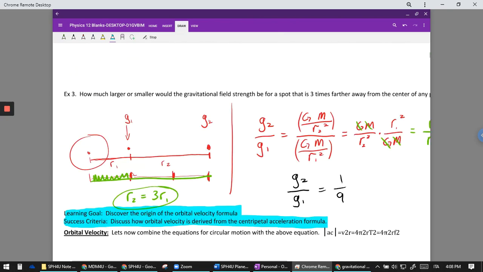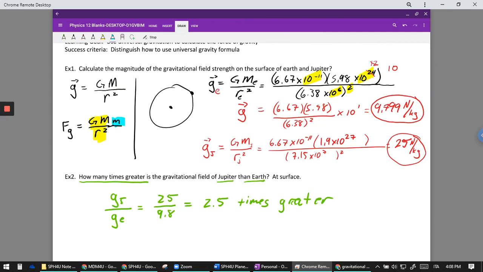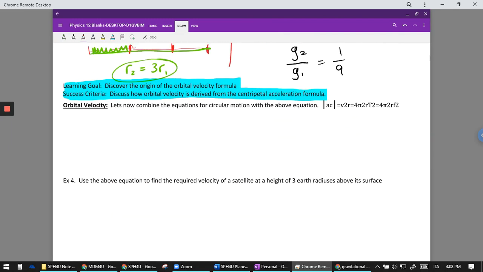The above equation I'm talking about would be this one, right? Well, either one of these, actually. Let's go with this one. Let's take the gravitational field strength formula, which is G. I don't like that color.